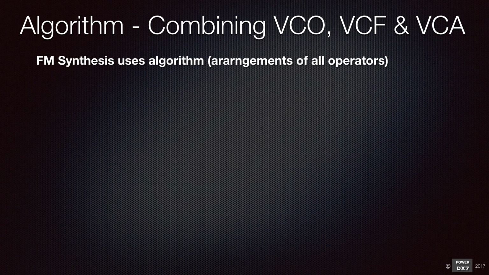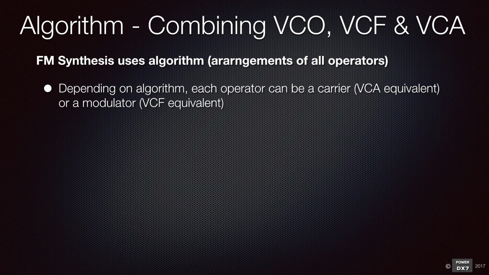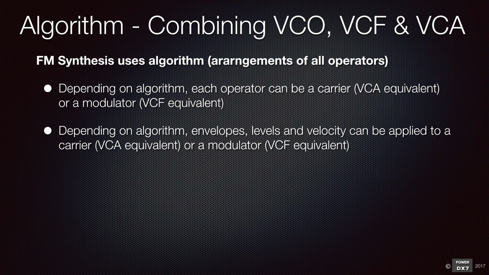Let's look at algorithm. I mentioned briefly that algorithms are the arrangements of FM operators so as to generate desired harmonics and inharmonics. Instead of 32 algorithms found in the DX7, 4-operator FM synths have only 8 algorithms.